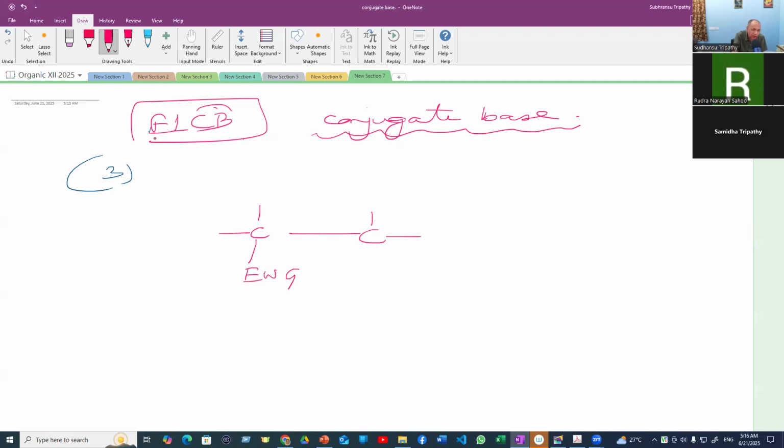this leaving group, the other one, is not an alkyl halide. It has to be a very tough leaving group which usually will not be subjected to any elimination reaction or substitution reaction, like OMe.